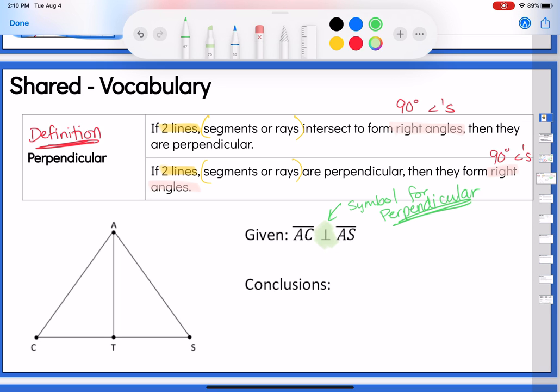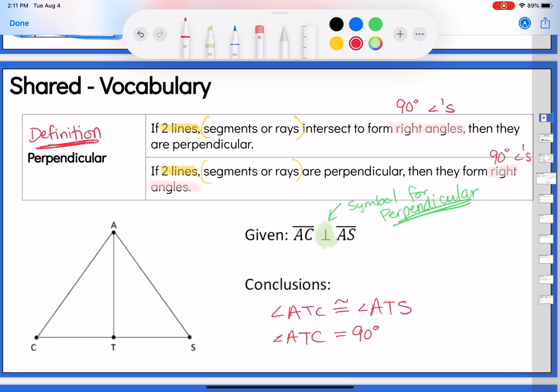All right, so a lot of times I will get first responses here. Students will say that my conclusions are that angle ATC is congruent to angle ATS. Oops, forgot my angle symbol there. I get that angle ATC equals 90 degrees.